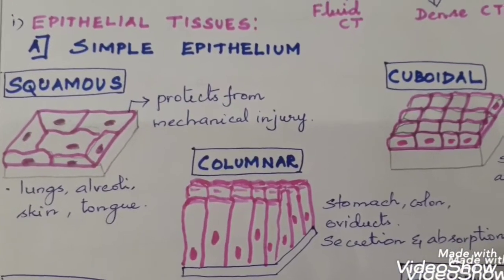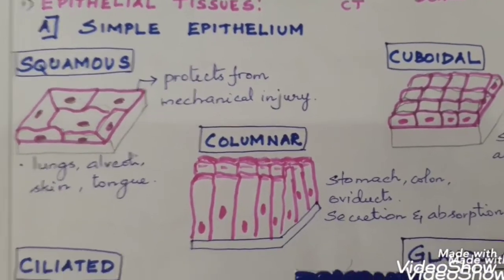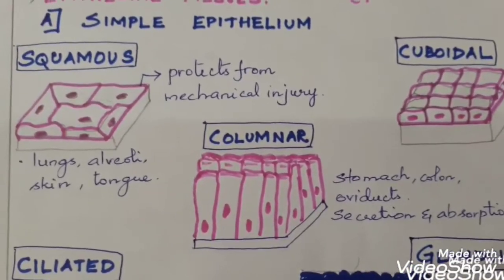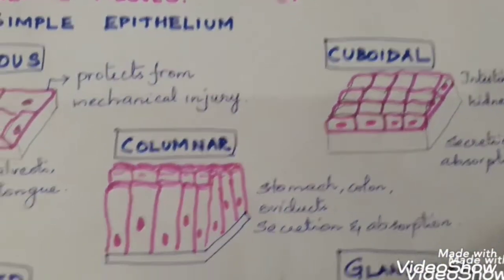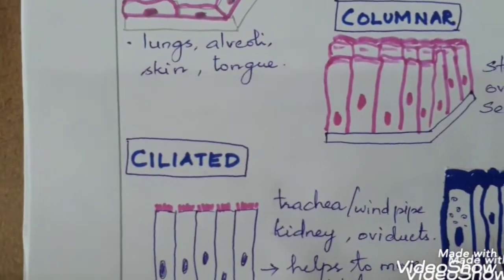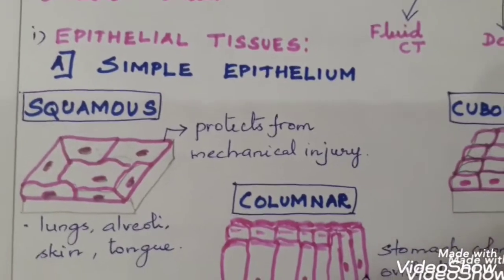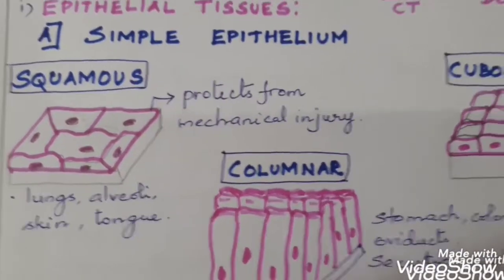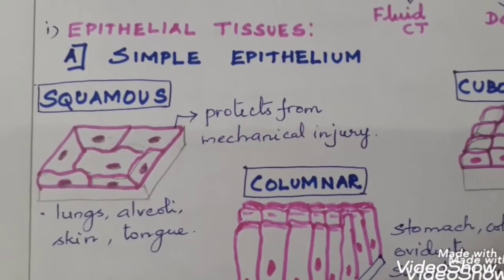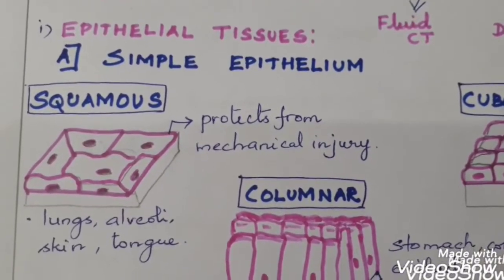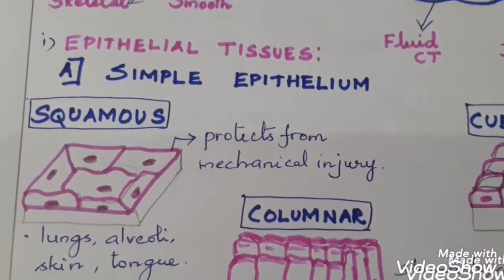Based on the structure and function, they are further divided into squamous epithelium, cuboidal epithelium, columnar epithelium, ciliated epithelium, and glandular epithelium. Squamous epithelium is found in the lining layer of the lungs, alveoli, skin, and tongue.